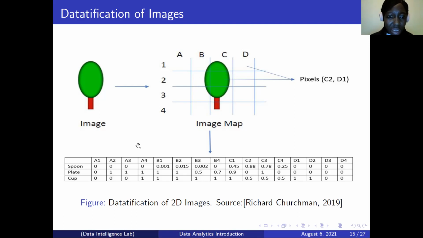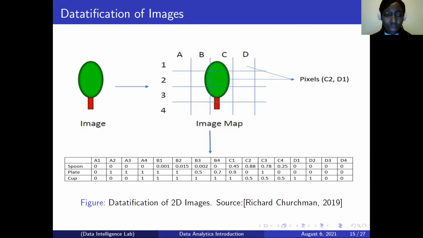So each pixel, for instance, can be codified in this case in the form of light intensity and represented in a form that the computer can understand. This is an interesting premise for computer vision. This is how computers are made to understand images.